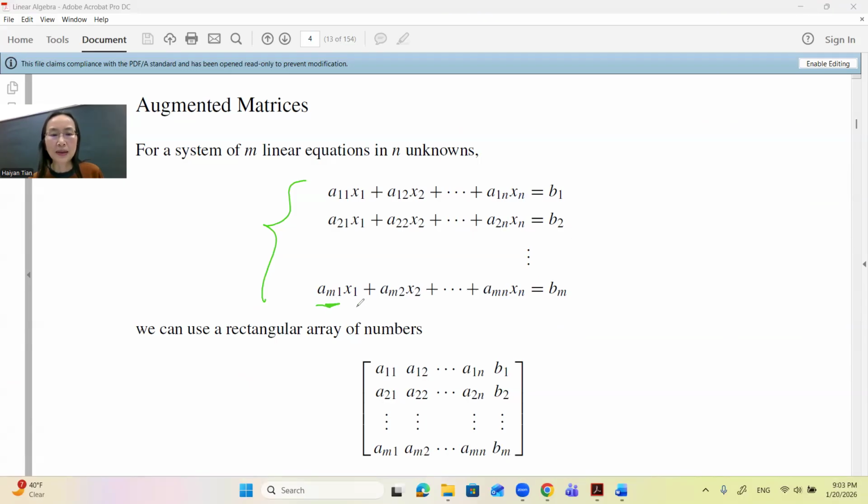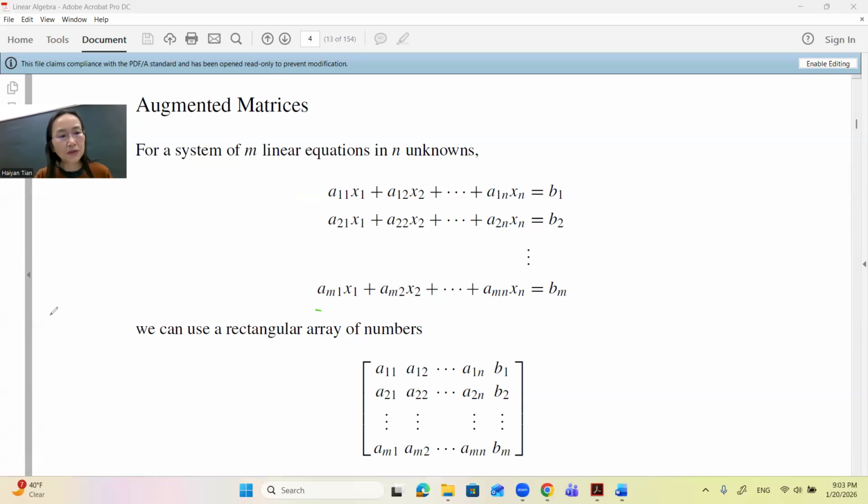And the coefficients will be am1, am2, amn. That's the am1 coefficient of x1, am2 coefficient of x2, amn coefficient of xn. So all these are just equations with coefficients involving the same n variables.